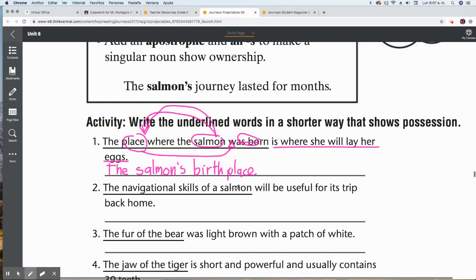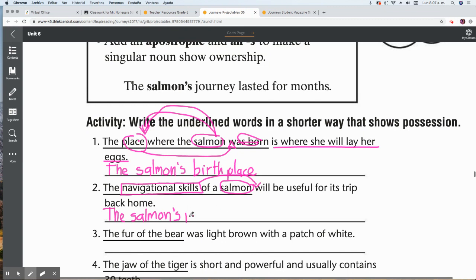If it's talking about a salmon and its navigational skills, I'm going to get this noun and change it into a singular possessive noun by writing an apostrophe and an S at the end of the noun. The salmon's. Then I'm going to transfer this part of the sentence and put it next to the word that became the singular possessive noun.